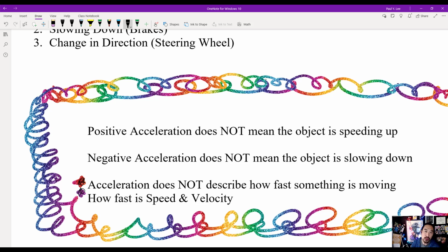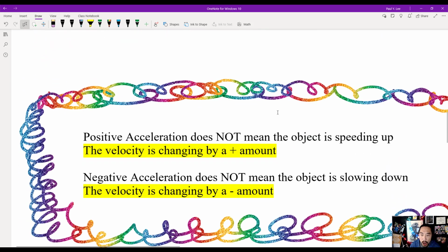If I say the object is going faster, that statement is describing the acceleration. It's one of those tiny little nuances that many students have a really tough time with. So I'm pointing that out so it's always there on the forefront of your mind as we go throughout this unit.